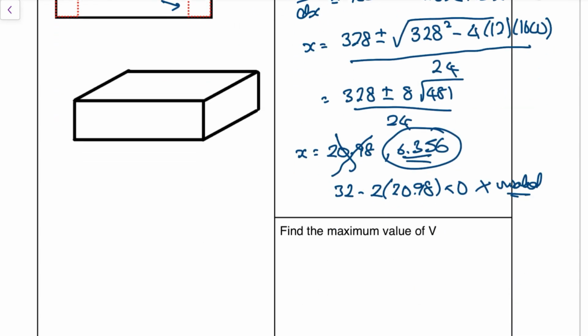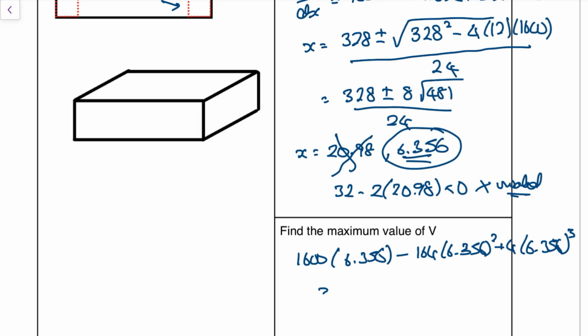So 1600 times 6.356 minus 164 times 6.356 squared plus 4 times 6.356 to the power of 3. All of this in my calculator, very carefully, the calculator tells me 4571.30. I'm just going to say 4570 centimeters cubed to 3 significant figures. And that is it, question done.